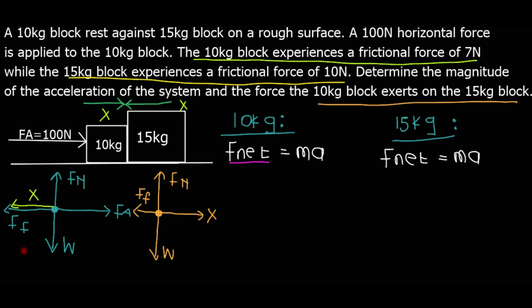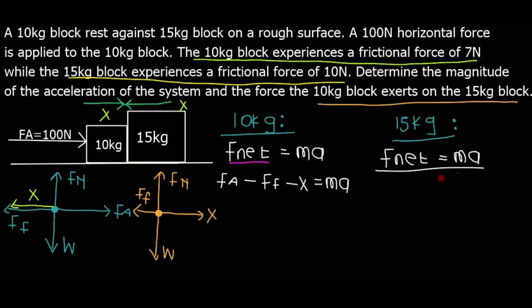The F net is the forces parallel to the surface: force applied, x, and friction. But x and friction are opposite to the direction of motion, so they are negative, and the force applied is positive. So we get force applied, minus friction, minus x equals ma.